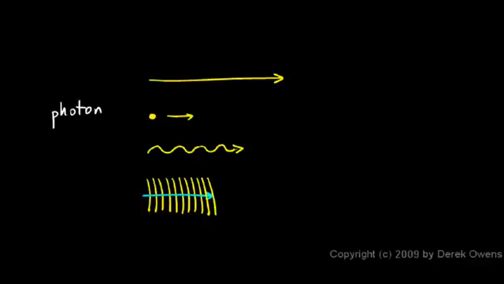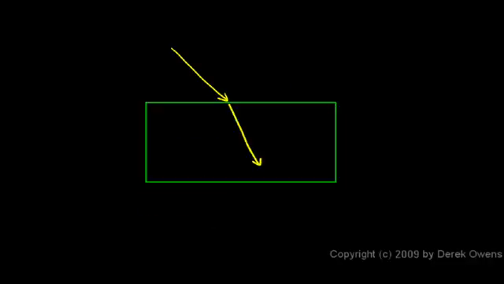So you could represent a light wave in a diagram in a variety of ways, and in some cases it makes sense to use one representation, in other cases another. When we're talking about refraction, if you want to measure these angles, the angle of incidence or the angle of refraction, it makes sense to think of the light as a straight beam, these little rays of light.